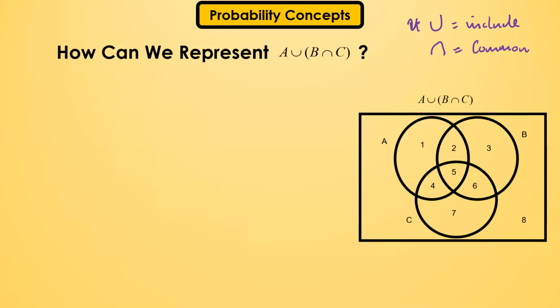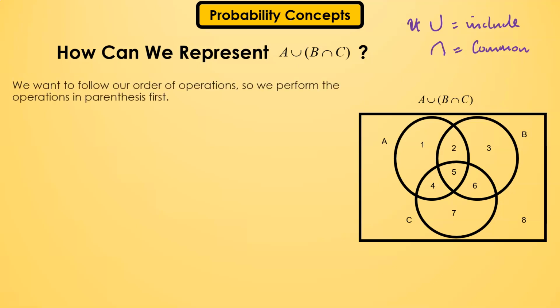So when we look at this example here, the first thing we want to do is do the brackets first. So we want to look at what is the intersection of B and C. Well, we know already that the intersection of B and C would be 5 and 6. And then we look outside the brackets. What is A? A is 1, 2, 4, and 5.